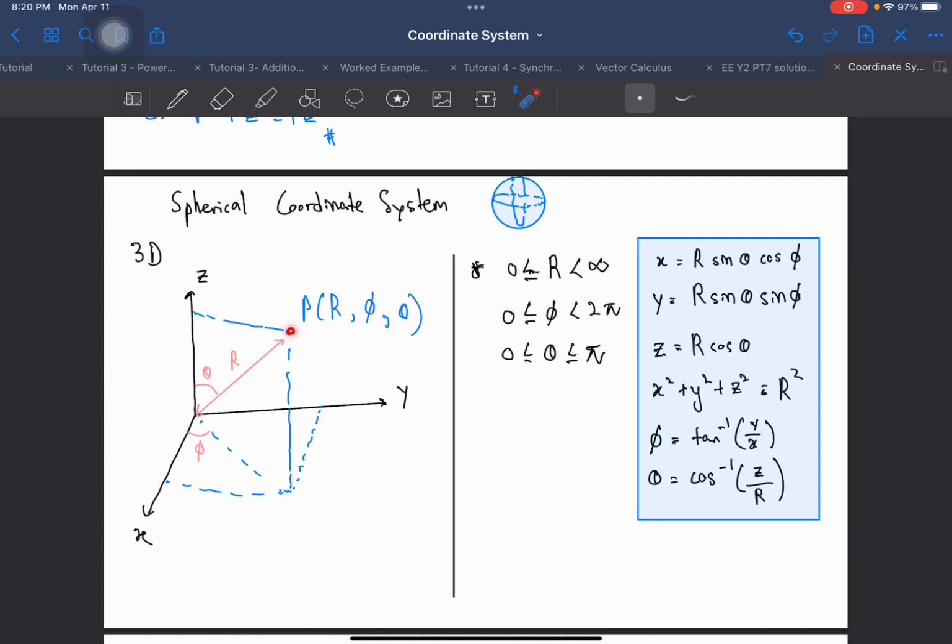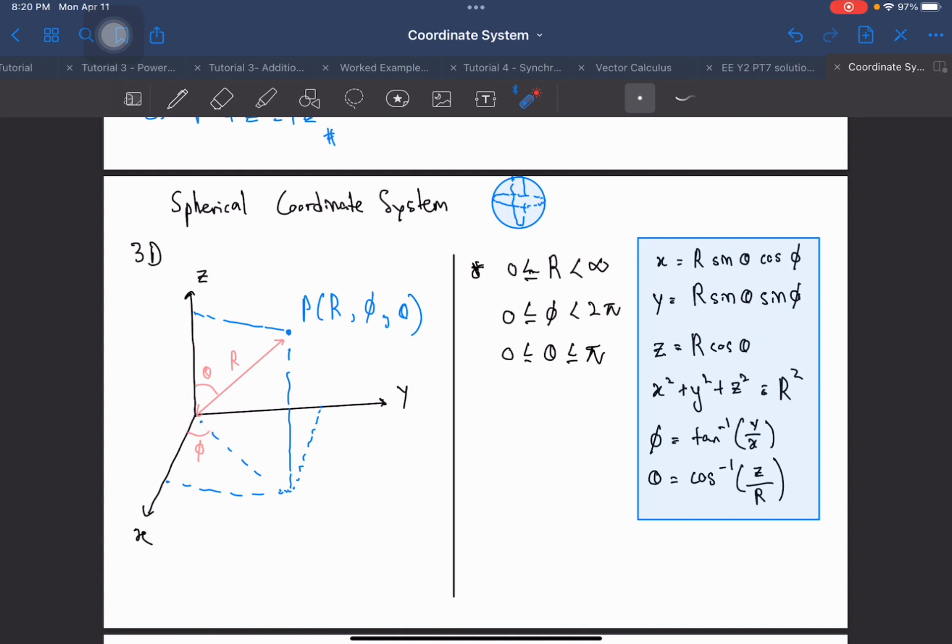So r is determined by the displacement between the point and the origin. Just now, in the cylindrical coordinate system, it was the perpendicular distance between the point and the z axis. Now it's different. Now it's the displacement between this point and the origin.